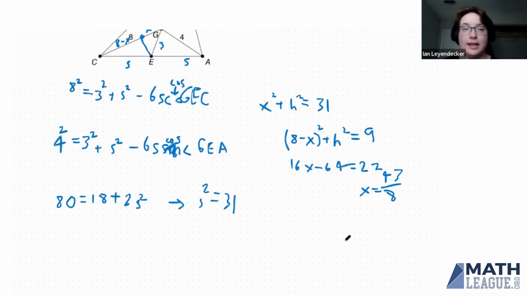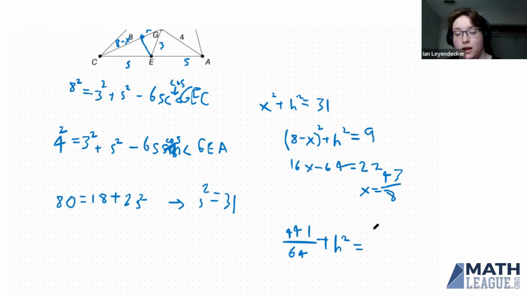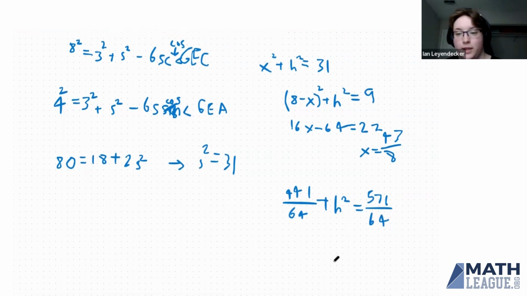And then plugging this back in, we get that 441 over 64 plus h squared equals 9, which we can write as 576 over 64. And then from there, h squared equals 135 over 64.